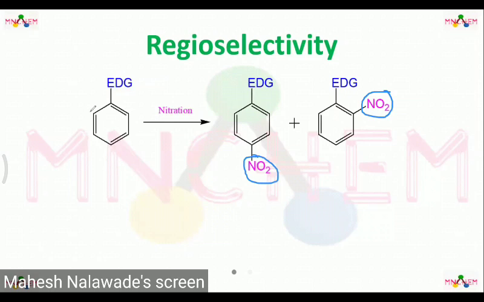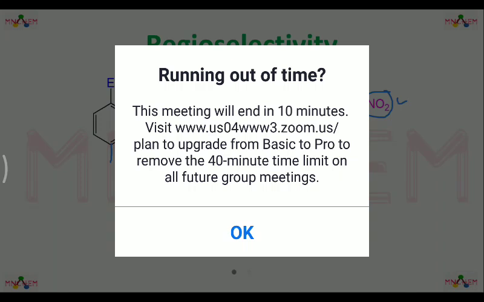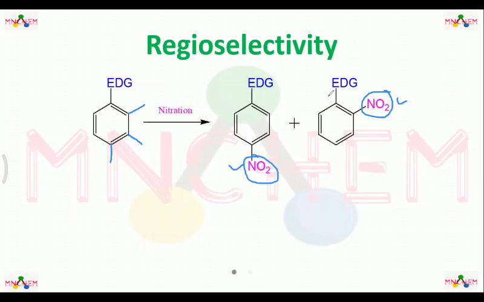In this reactant, we have the ortho position, the meta position and the para position available for nitration. But selectively, para-nitro and ortho-nitro products are formed. Out of these two, para will be formed in a higher percentage. So para will be the major product and ortho will be the minor product.